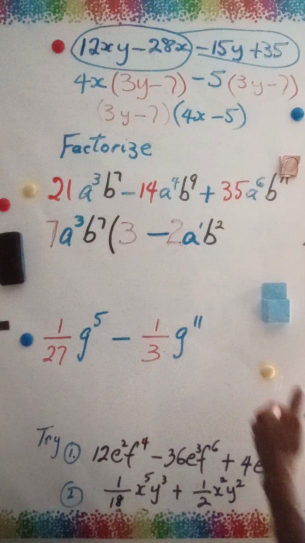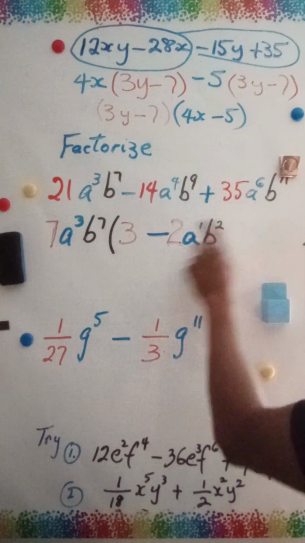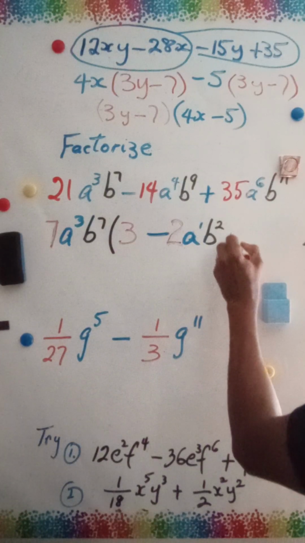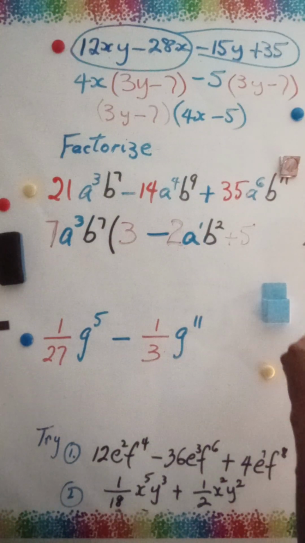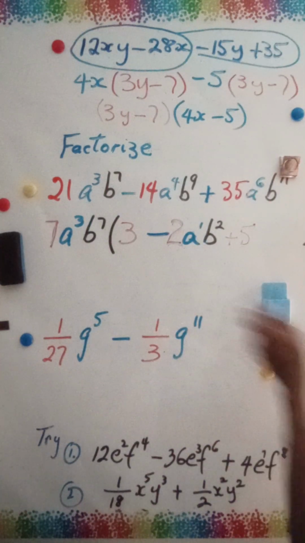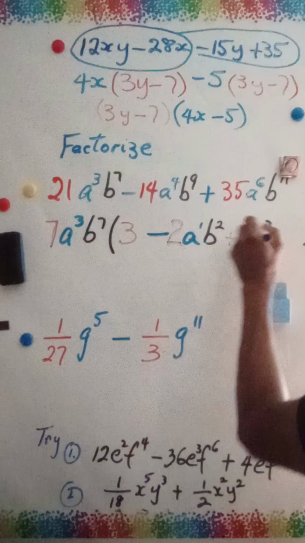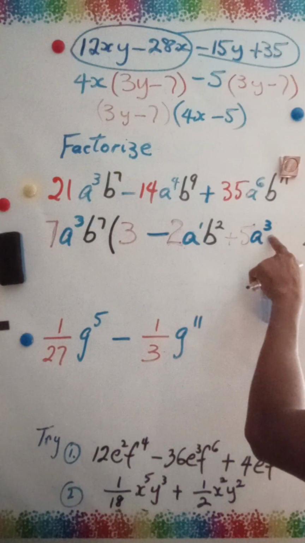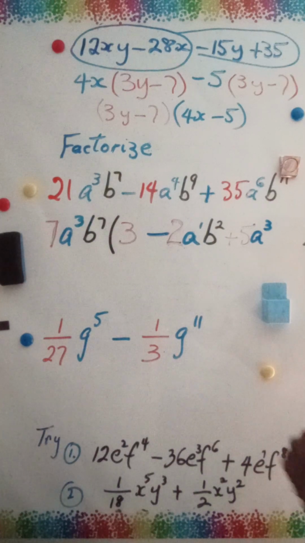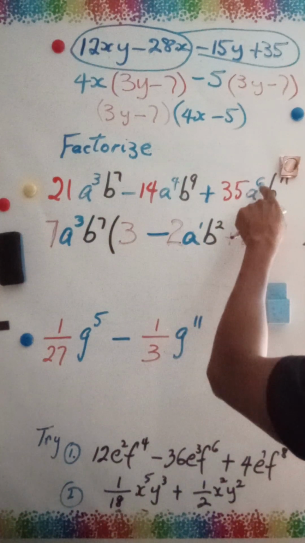Let's go to the final term now, which is, how many 7s are in total 5? That is 5. And what is a cubed into a to the 6th? That's going to be a cubed, because 3 plus 3, not 3 times 3. Whenever you multiply and the bases are the same, you always add the exponents.